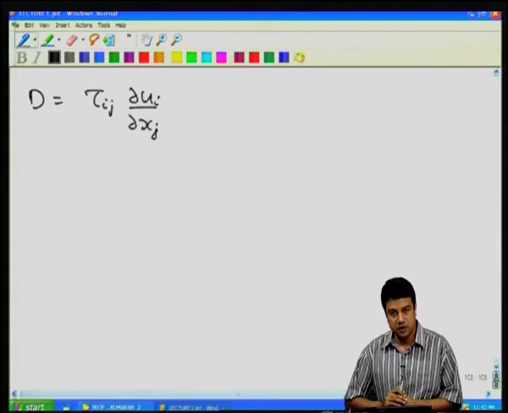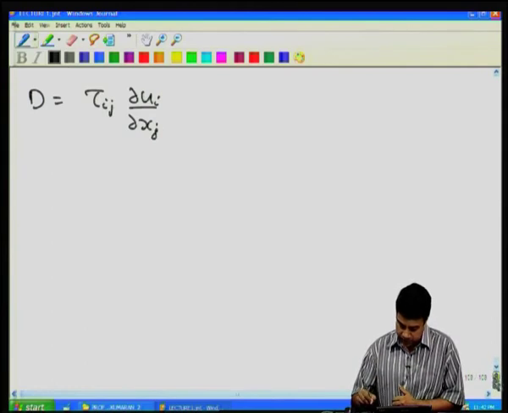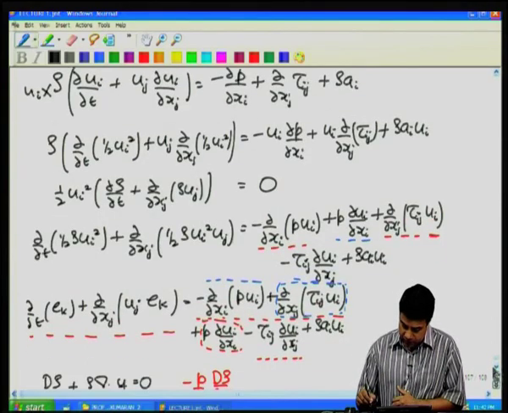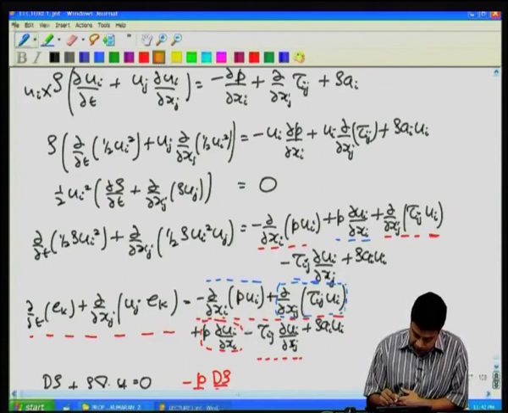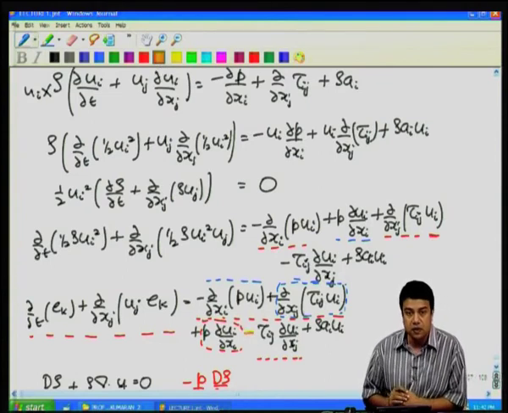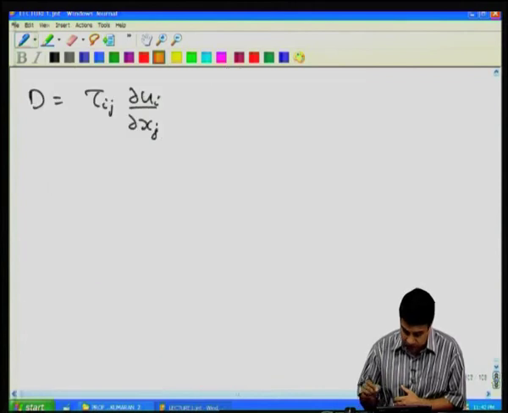This is the dissipation rate, dissipation of energy per unit volume, and in this equation this appears with a negative sign. So, therefore, it is always removing energy from the fluid, it is always decreasing the kinetic energy of the fluid.